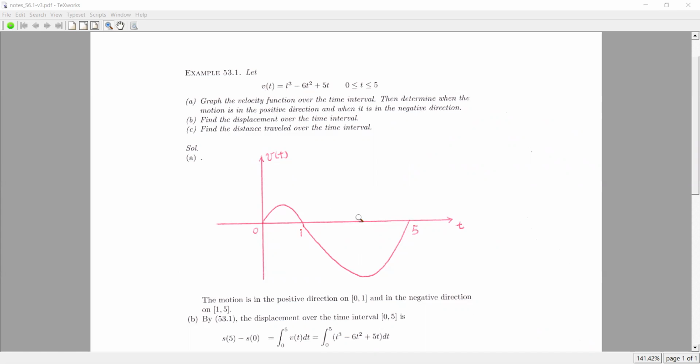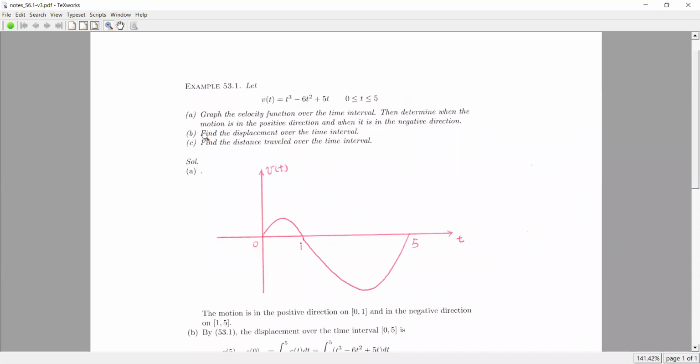And when time is between 1 and 5, velocity is negative. Therefore, the answer to part A is the motion is in the positive direction on the time interval from 0 to 1 and in the negative direction on the time interval from 1 to 5.